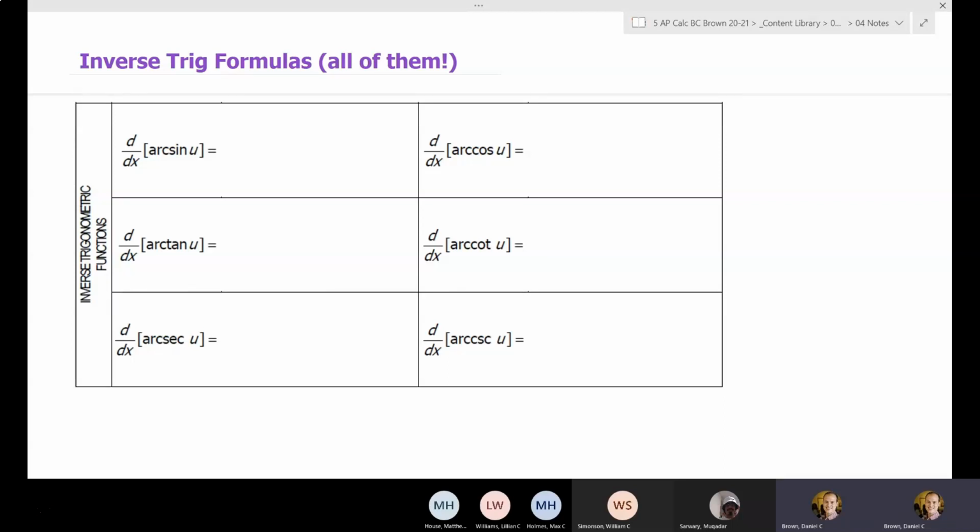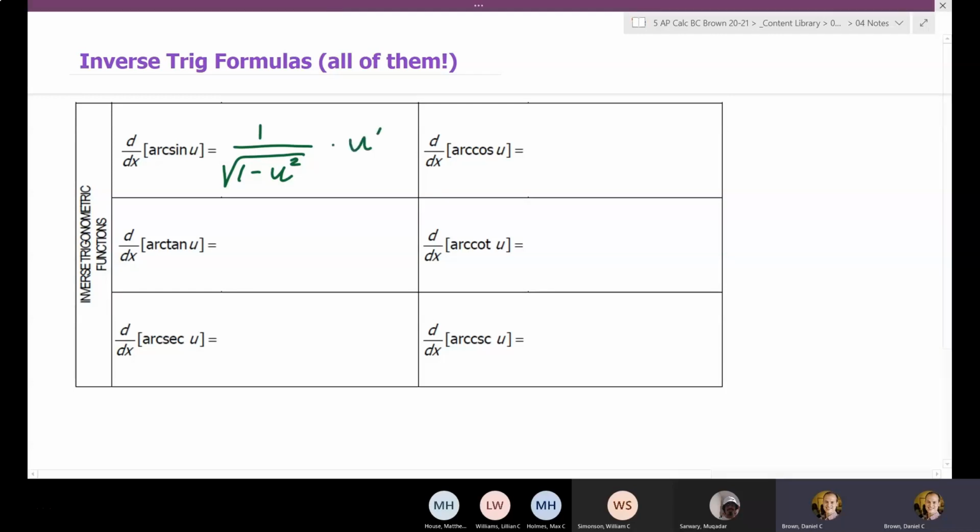So the one that we just did, the derivative of arc sine is 1 over the square root of 1 minus the inside squared. In these formulas, I put a u there instead of x just to remind you of where the inside is. So if you have more than just x there, you're going to have to remember to use the chain rule. I put a u there just to remind you that sometimes you need to use the chain rule in these problems.